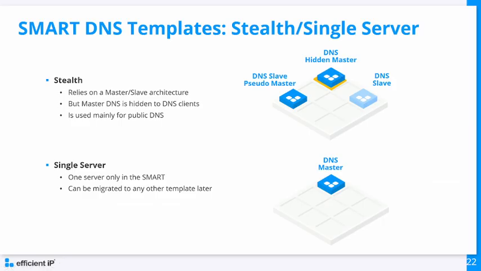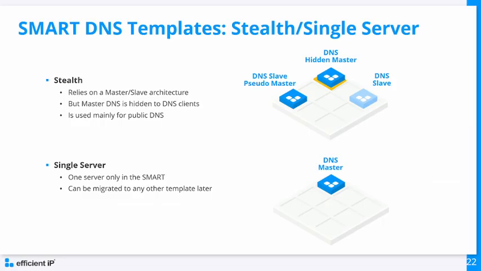They do not advertise the original master as the master. So the NS record for the zone is not the master hostname. The NS record of the zone is actually one of the slave hostnames. So that is what they call the pseudo master. One of the slaves is announced as the master.